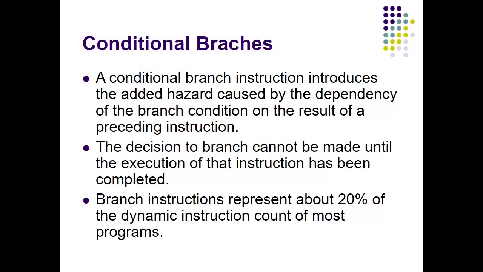Therefore, I will go to the next part, something called the conditional branch. This also adds a hazard. And the more interesting thing is that the decision cannot be taken before the execution part, because it has I greater than or equal to 0, and you have to compare.